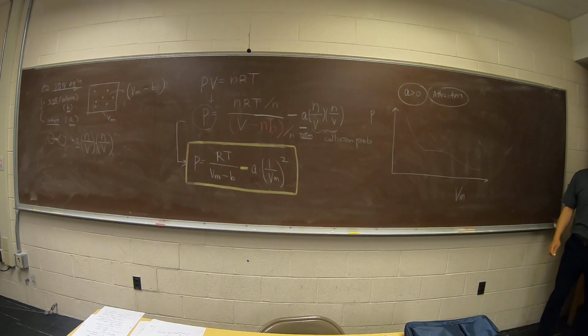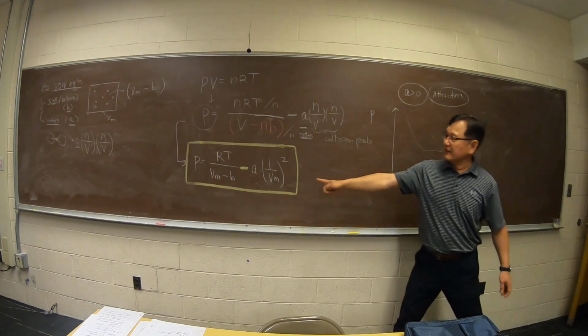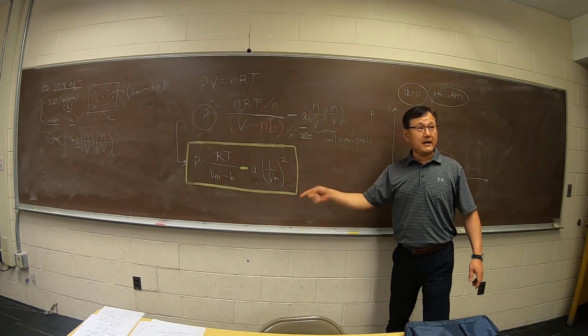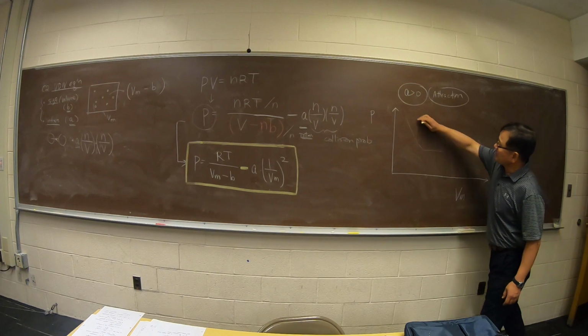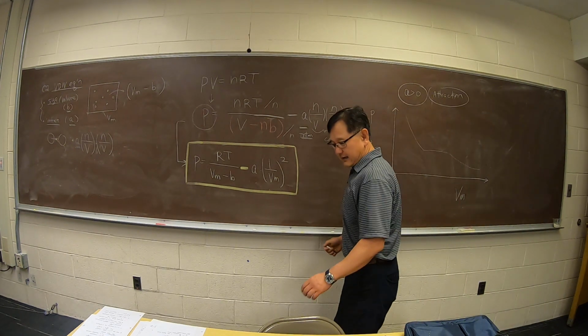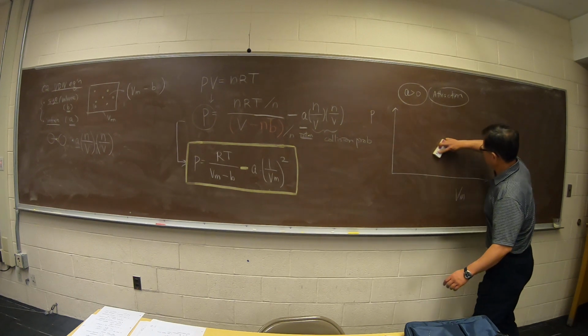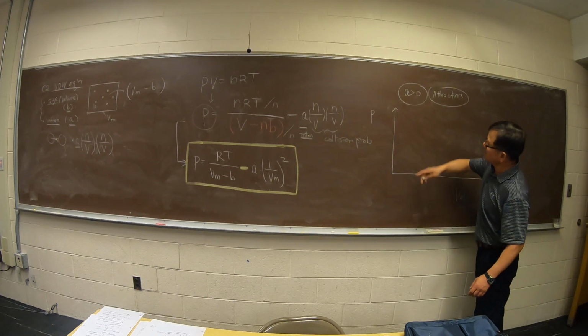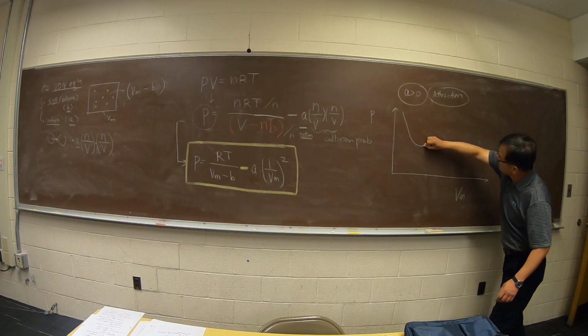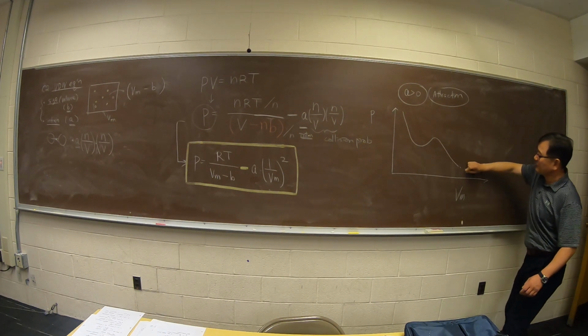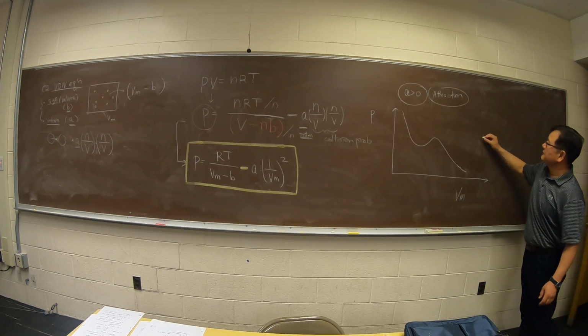That's the idea, right? But if I put this equation down, depending on the A and the B value, in most cases you are going to have something that looks like this. This is what you're going to have from the van der Waals equation.